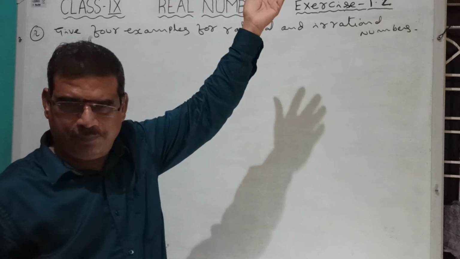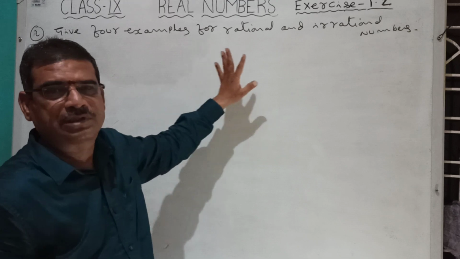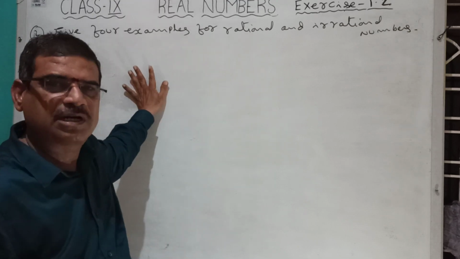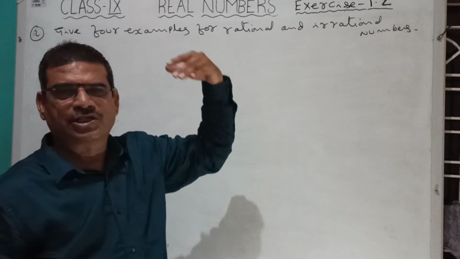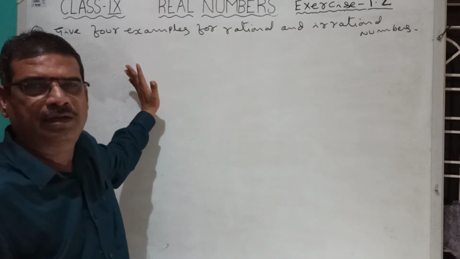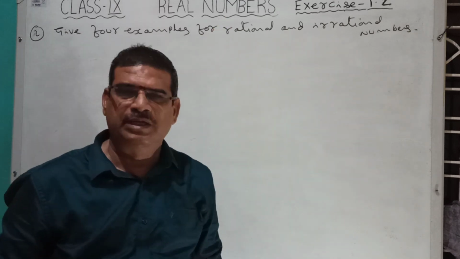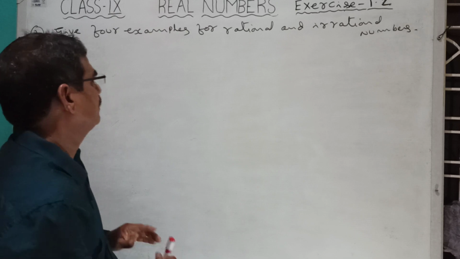Or in exponent, that is integer. These are the rules and regulations for rational number. We can convert into P by Q form, or exponent is integer, or if in decimal, the ending number is there, that is also called rational number.